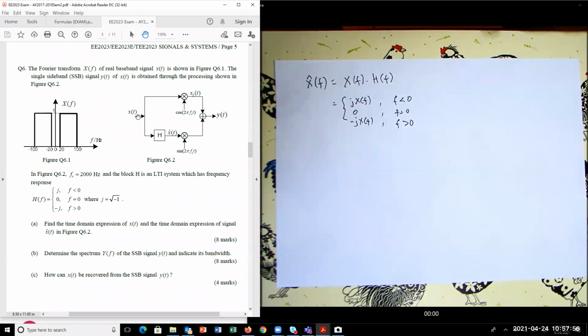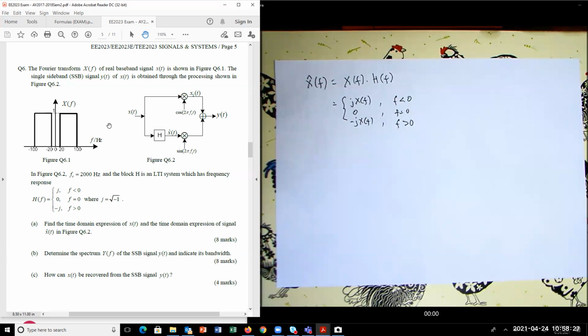You have X here. Let's do the top rail first. X multiplied by cos means modulation, which means the cos is two delta functions at plus and minus fc. So the spectrum of X, which is given here as a bandpass signal, will be replicated at plus and minus fc.